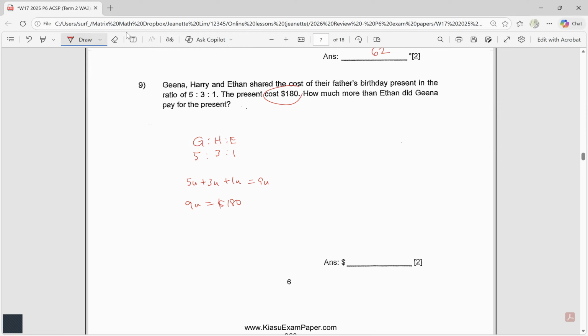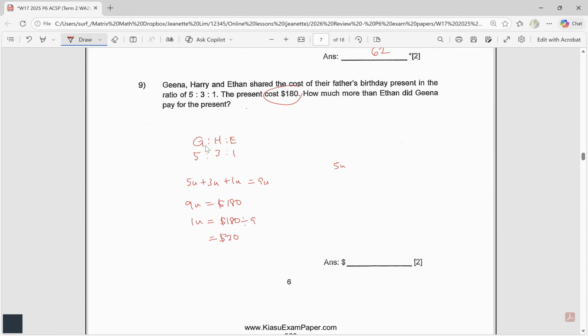Okay, we are looking for the difference between E and G, which is 4 units. So let's find 1 unit first. Divide by 9, we get $20. 1 unit is 20. So as we were saying, we're supposed to find the difference between E and G, right?